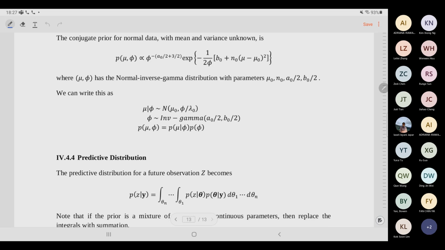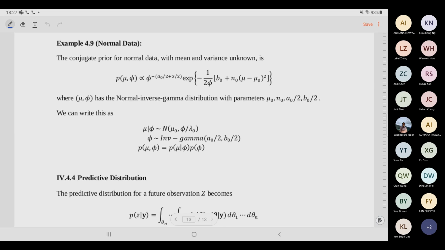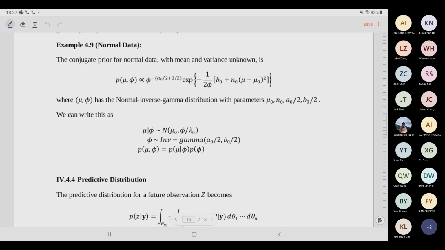So you get this conjugate prior, the normal inverse gamma. But usually it's quite hard to find a conjugate prior because it involves more than one parameter, so it's not as easy to use as the univariate case.